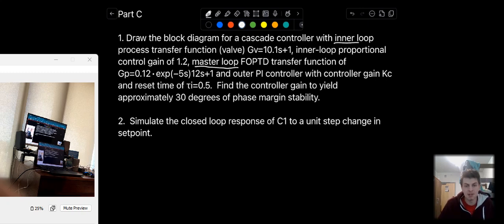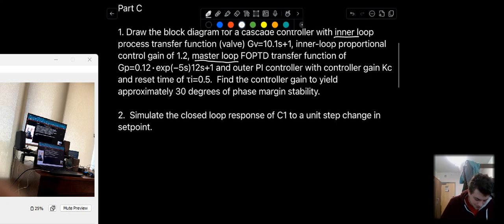All this means is that we're going to have multiple controllers working in tandem to accomplish the same goal or affect the same output parameter here. I think this is easier shown in block diagram format, so I'm going to start with that, and then we're going to talk about it.